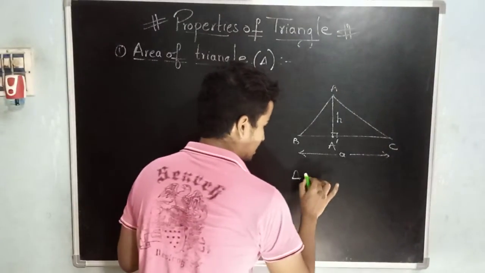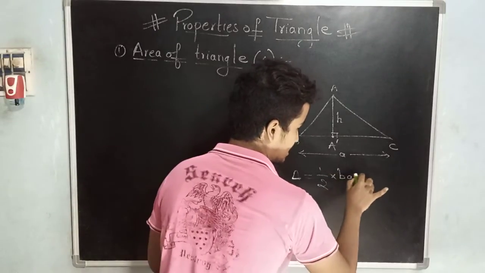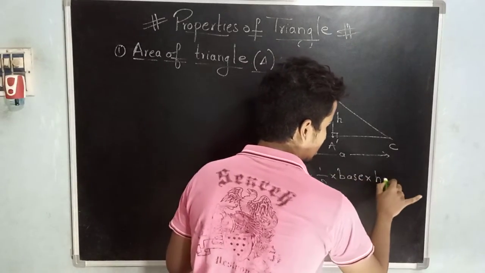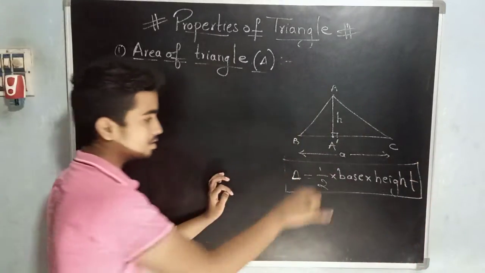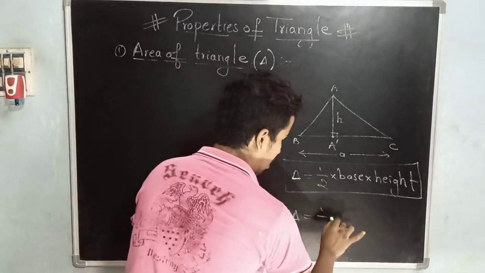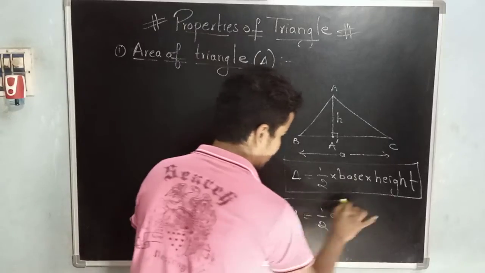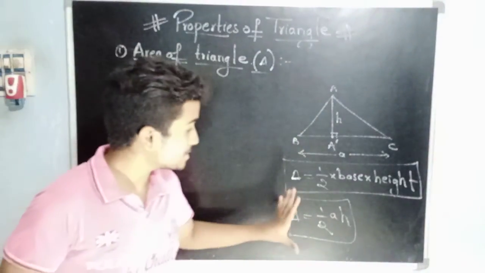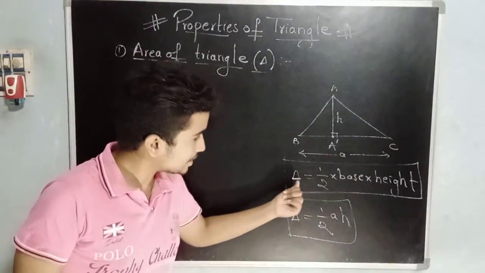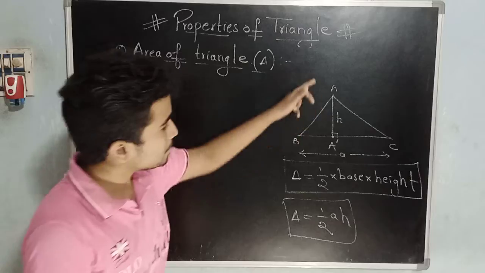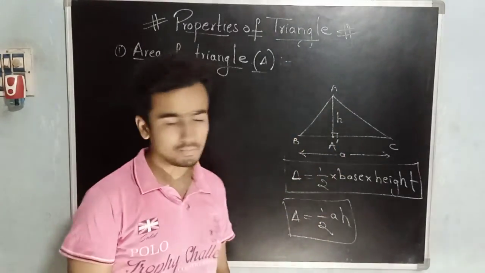So delta is half into base into height, that is, delta equals half a h. This is the basic idea that you have already learnt in your lower classes: the area of a triangle is nothing but half into base into height.